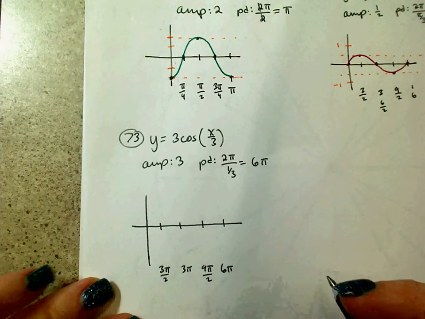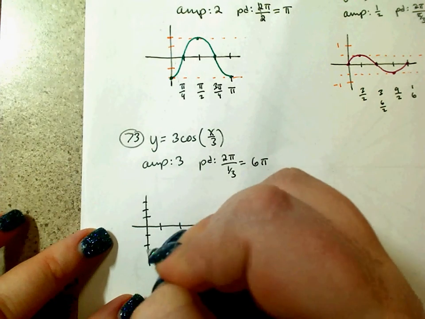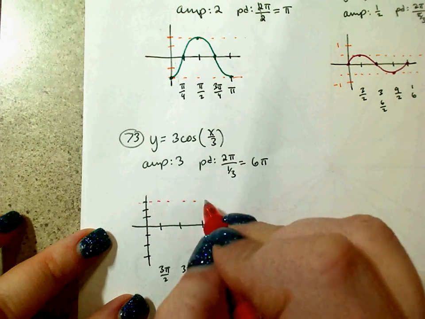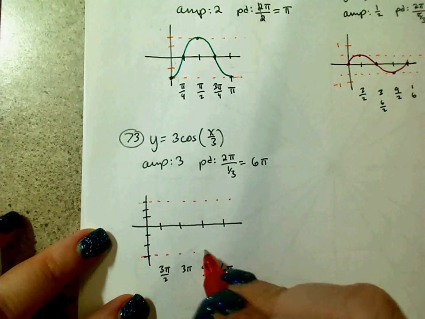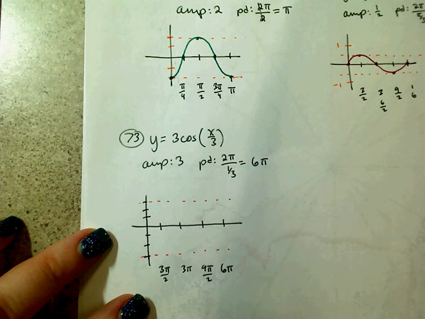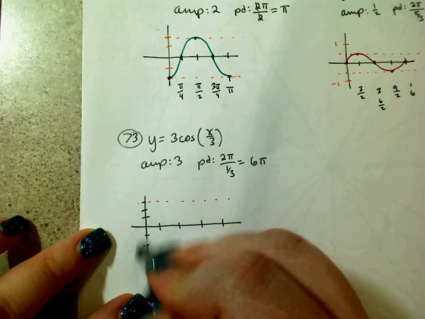Okay? You've got 1, 2, 3, 1, 2, 3, amplitude of 3, which means we go up 3 and down 3. It is not a similar scale. Sorry, I want to fix it.